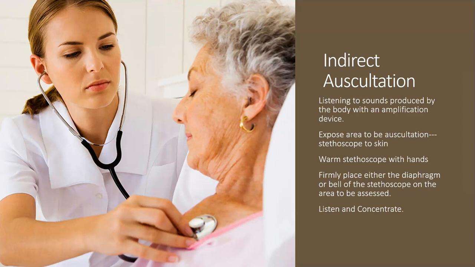And then just make sure you listen and concentrate again. You can also use a Doppler device for pulses. If you're having trouble palpating pulses, you can use this to be able to hear the pulse if it's there. And then once you're done assessing the patient with your stethoscope, you will clean it off with an alcohol swab.